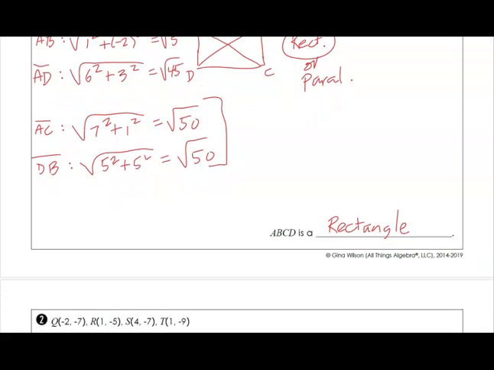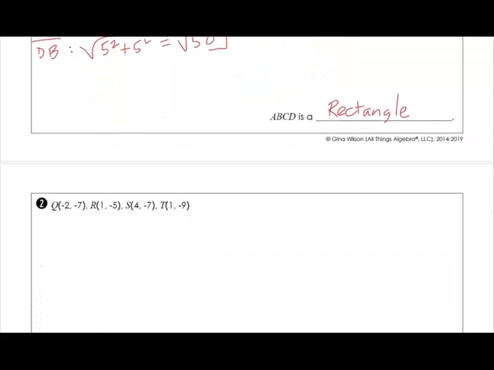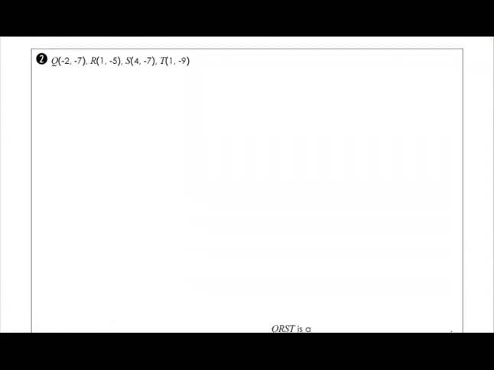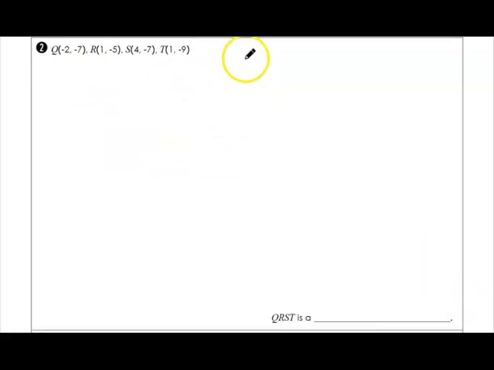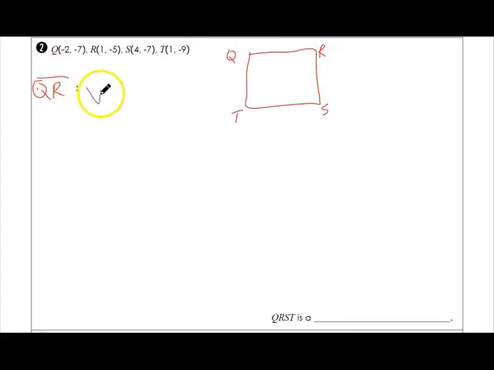Okay, and we're going to do very much the same thing on these other examples. All right, so let's just do a little rough sketch of QRST. And let's just go ahead and find the distance for QR. All right, so -2 minus 1 is -3 squared.